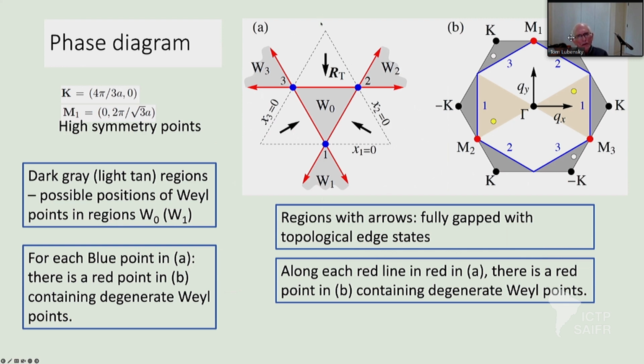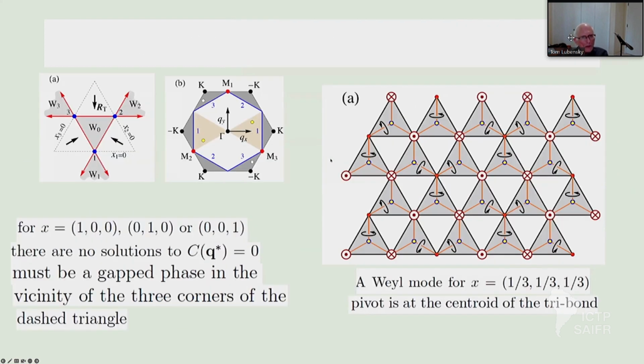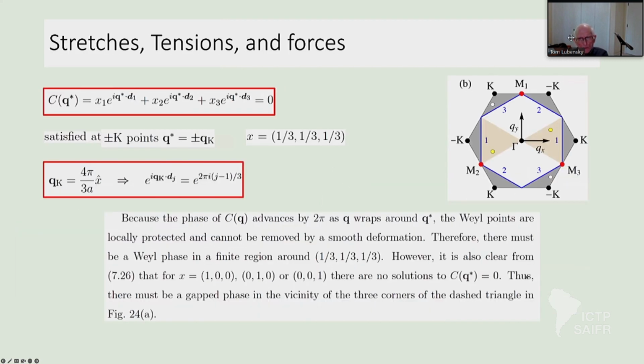So this is along the line x2 equals 0, but even when x2 is 0, we still have regions where there's no solution to C equals 0. For example, I could have a combination with x2 and x3 only that makes this 0. Okay, so did I finish here?